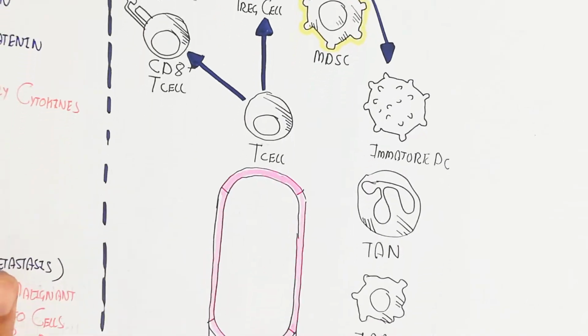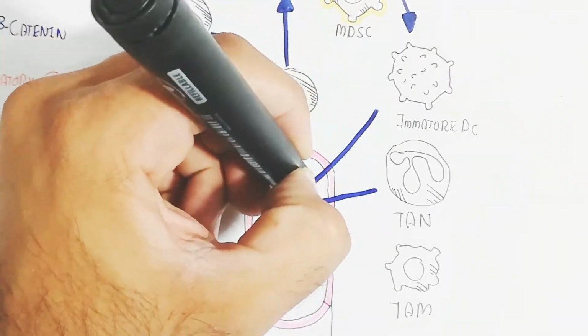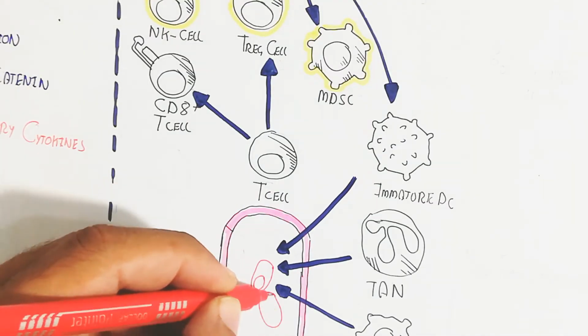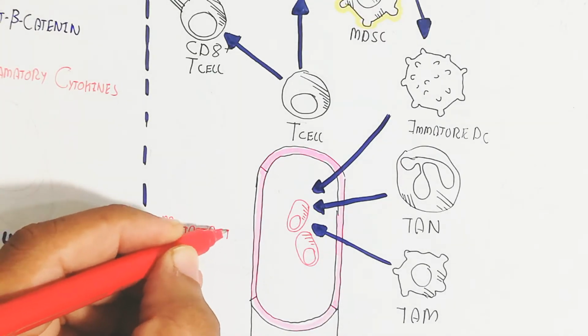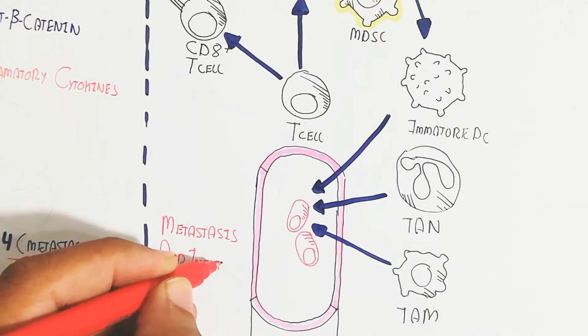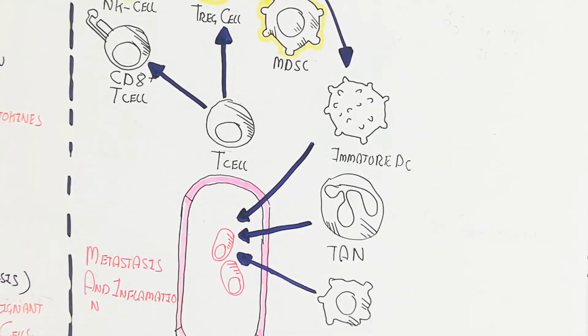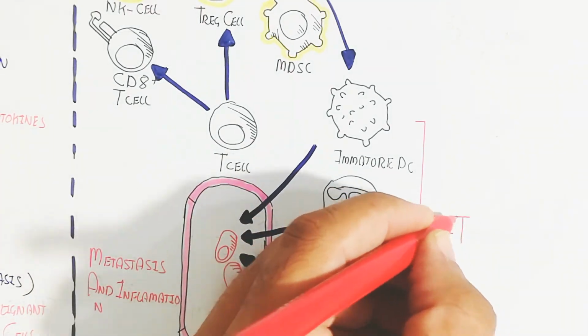replicate, and the T regulatory cell will regulate and control the cell division of the oncogene-containing cells; uncontrolled cell division will progress, and the immature dendritic cell, and the Tn and Tm, will also be triggered to go into the blood circulatory system, which will lead to metastasis and inflammation.